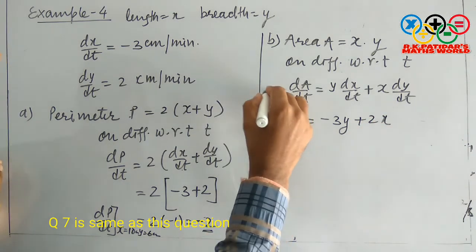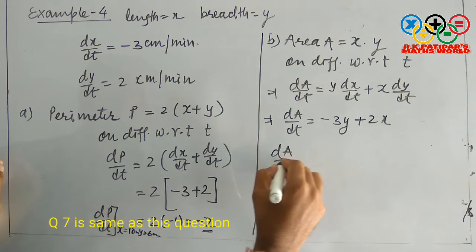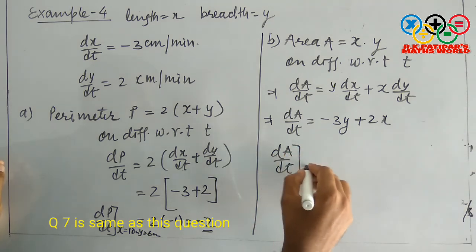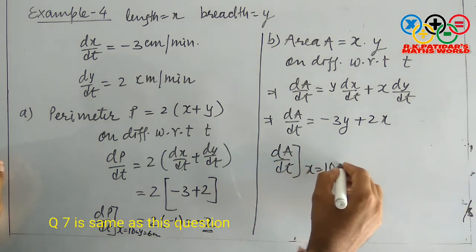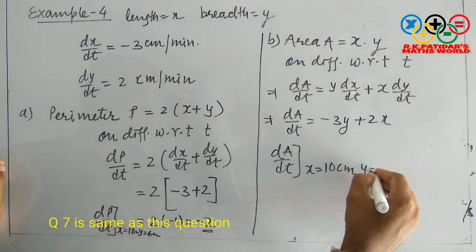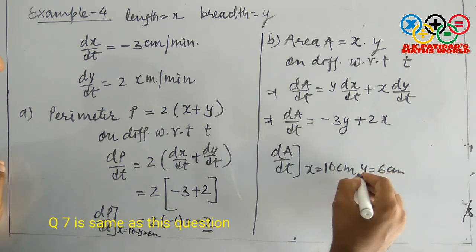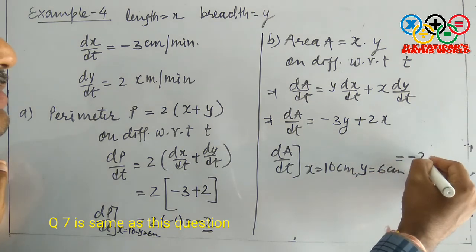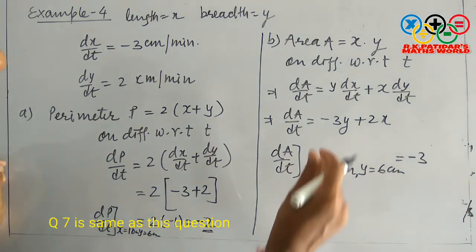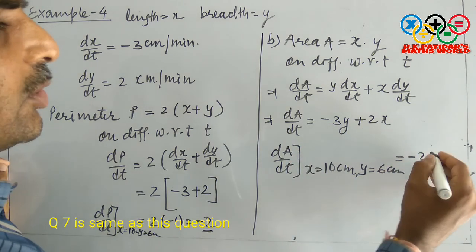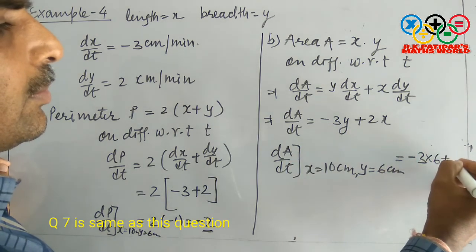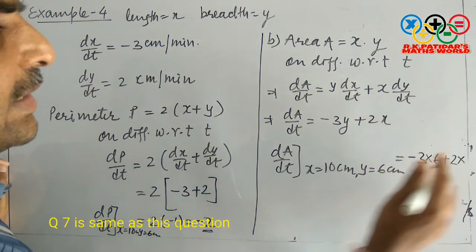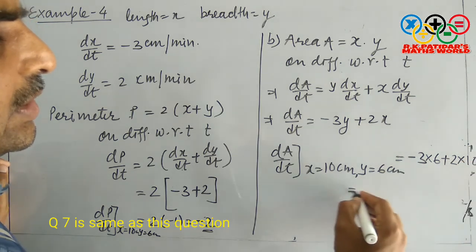Now we have to find out the rate of change of area when x is equal to 10 centimeter and y is equal to 6 centimeter. So this will be -3 into y, y is what? 6, plus 2 into x, x is what? 10.